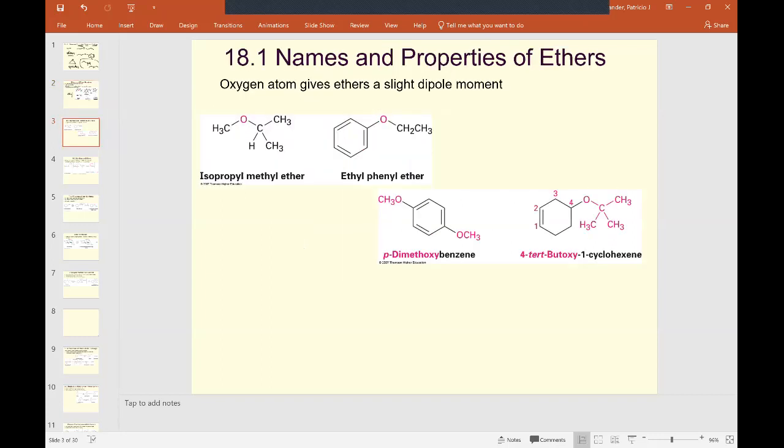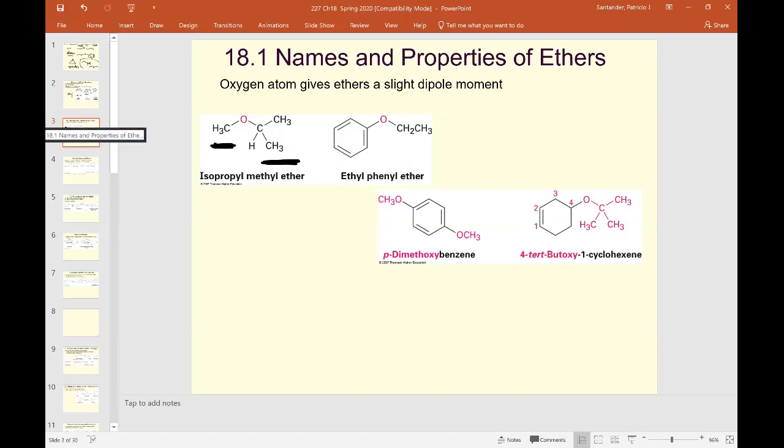Then more examples of ethers. Here we have a case where you have an isopropyl group from one side and a methyl group from the other side. You alphabetize: isopropyl comes before methyl, isopropyl methyl ether.